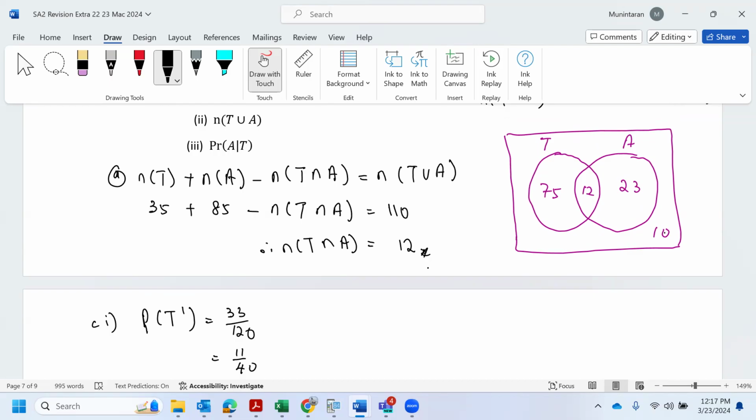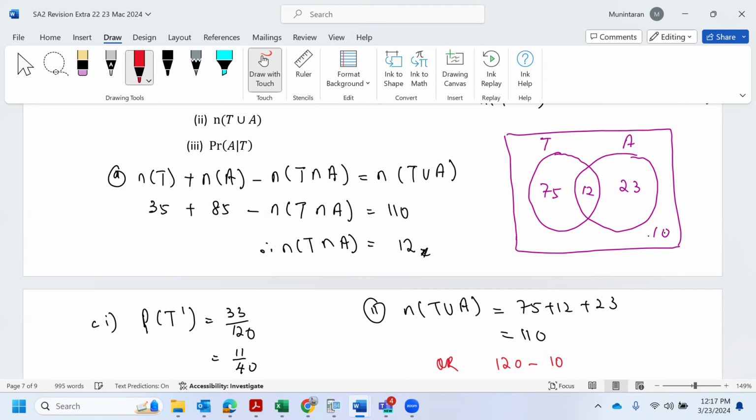Then the number of the union, which is 110: add up 75 plus 12 plus 23, you get 110, or you can take 120 minus the 10 not in T, not in A. Either add up the three numbers, or total minus the one outside the two circles.